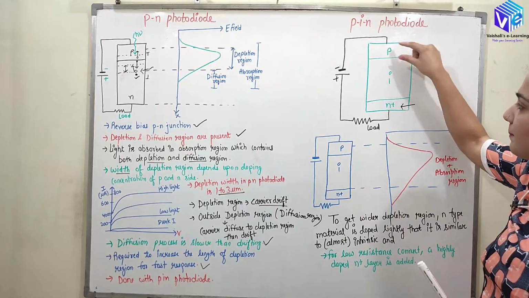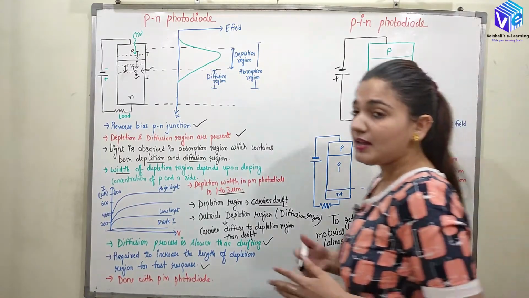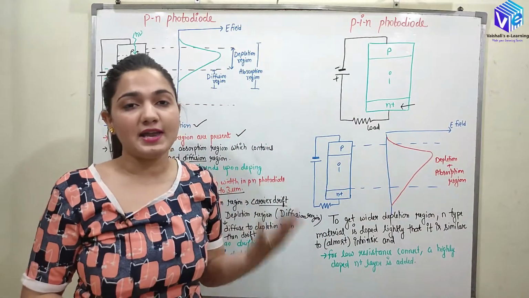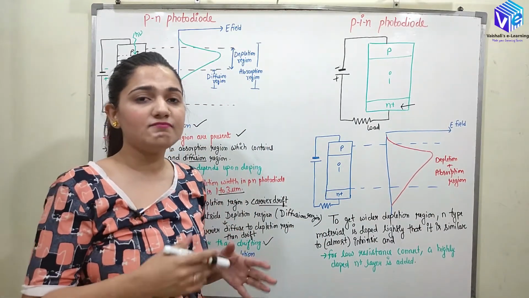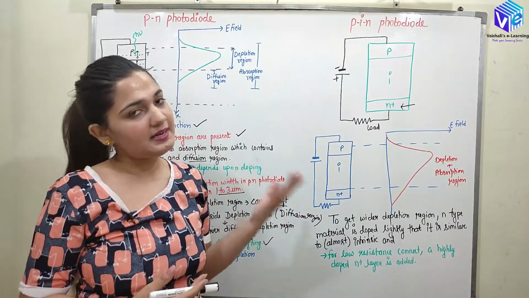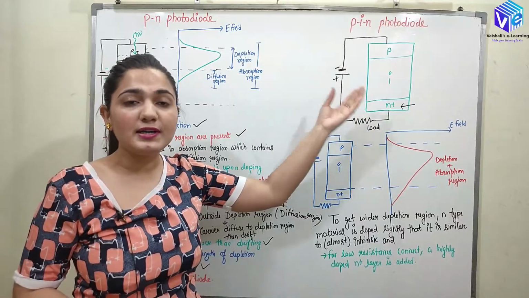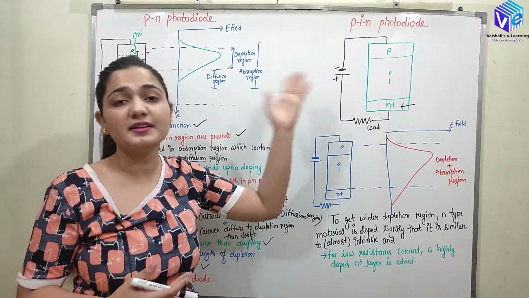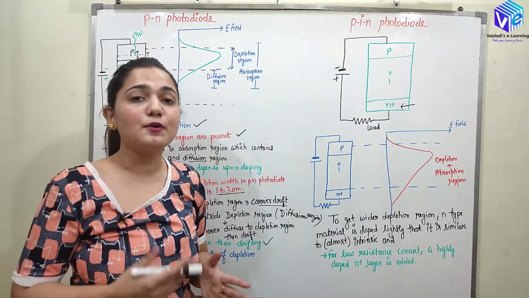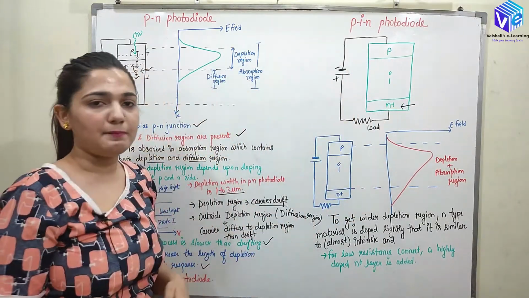In between the P and N plus regions, we have the intermediate region, which is a very lightly doped N region. I can nearly classify it as an intrinsic semiconductor only. The amount of impurity or N-type doping is so less that I can call it the intrinsic layer only, right? So here we have the P region, I region, then the N plus region.